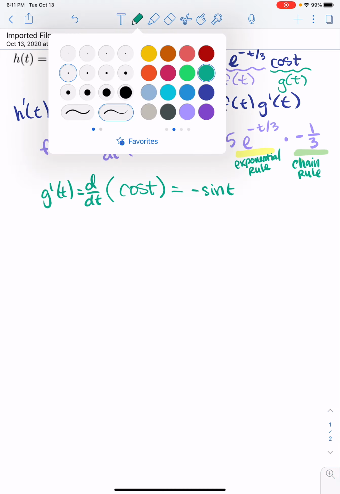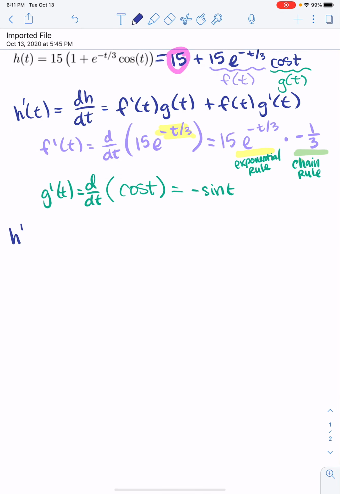So now we can put these all back together, and we get h prime of t is f prime of t. So we get minus 15 over 3 e to the minus t over 3. And we multiply that by g of t, which was cosine of t.